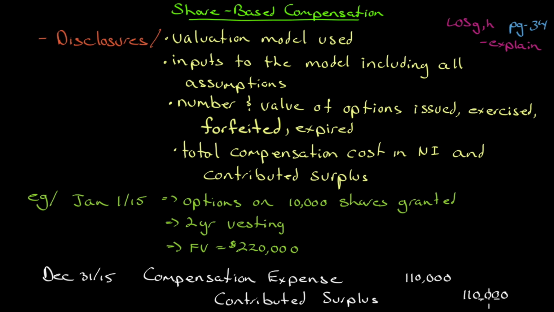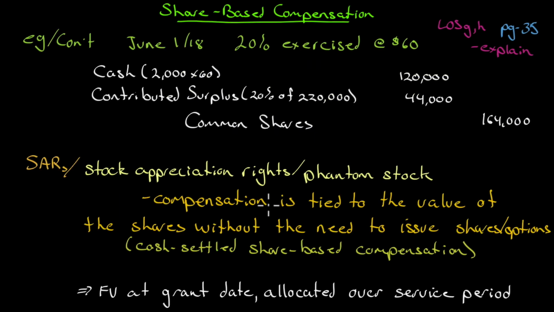So now the question is, well, how does it get out of contributed surplus? Let's have a look at that. So on June 1st, let's assume 2018, 20% of those options are exercised at $60. So 20%, that means 2,000. We had 10,000. 2,000 are exercised at $60. So we're going to get cash of 120,000. That's the whole idea behind options, you've got to pay the exercise price. We get cash of 120.